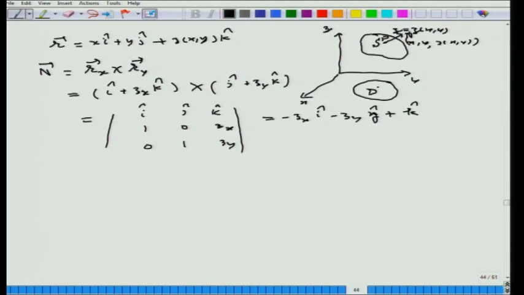and if we take the downside, then we will have to take r_y cross r_x, which will be minus N and will point downwards, in the case when we take the reverse direction as the positive orientation.